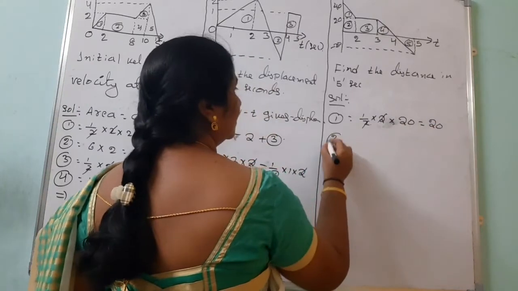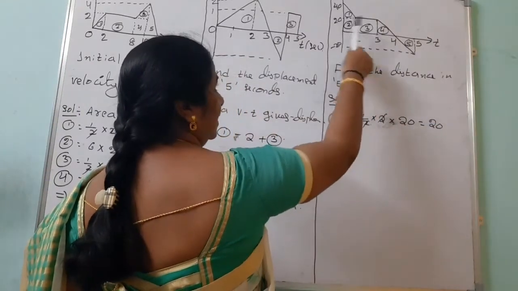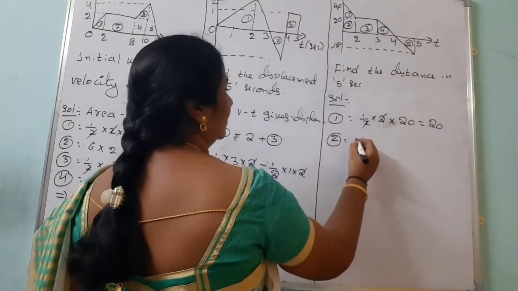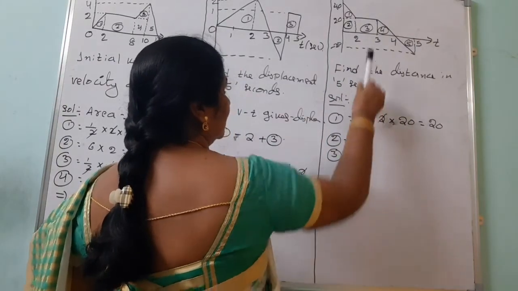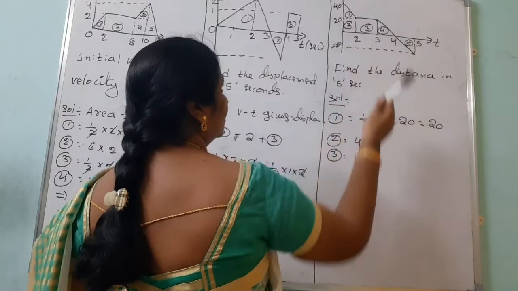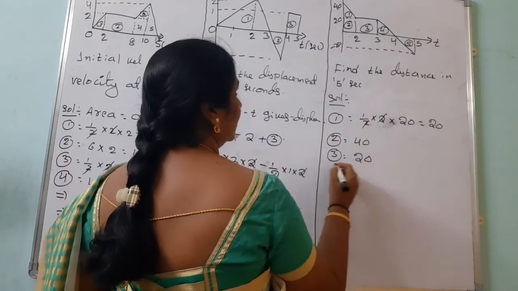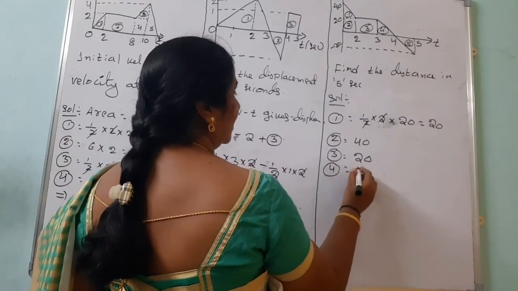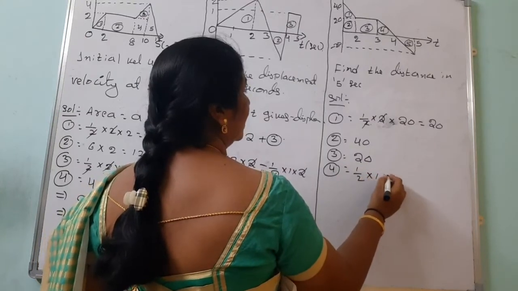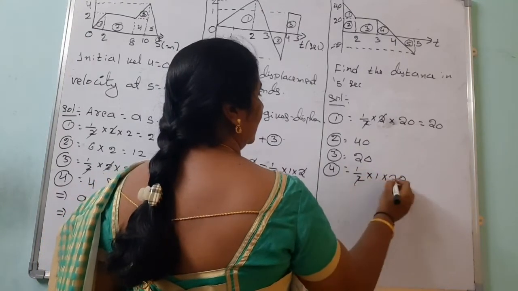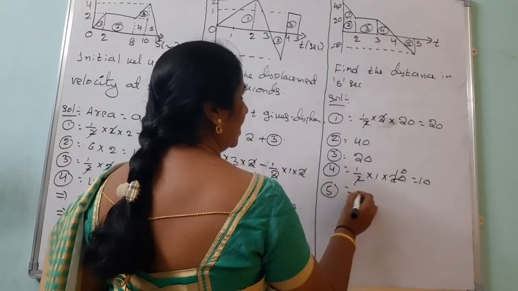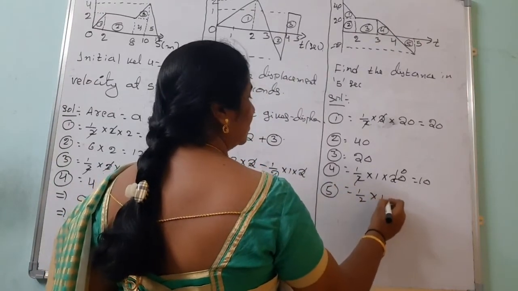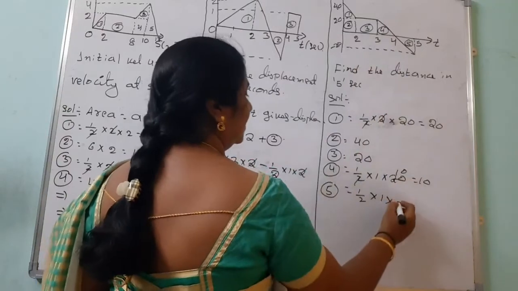Then second part is 2 into 20, directly I am writing 40. Then third part is 3 minus 2, 1, 1 into 20, 20. Then fourth part is half into base 1 and height 20, you are getting 10. Then fifth part is half into base 1, height 20, this is also 10.